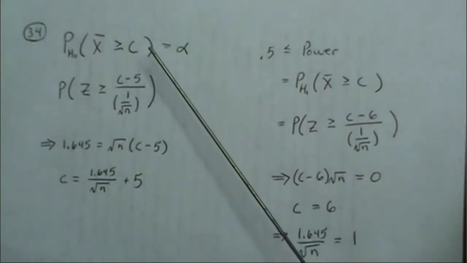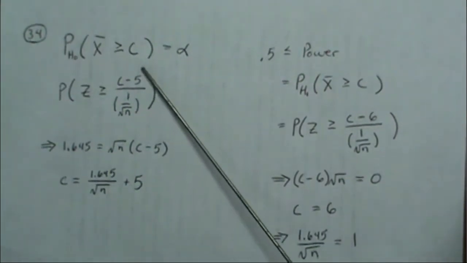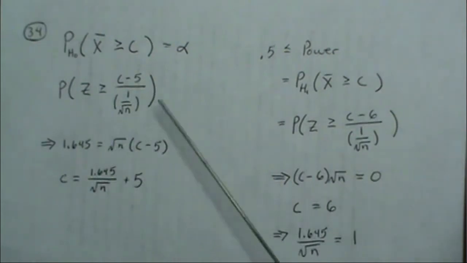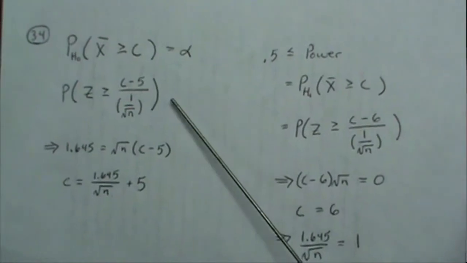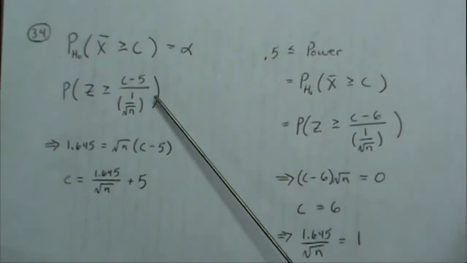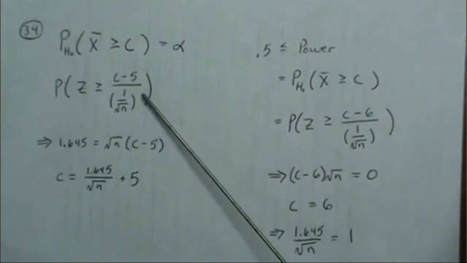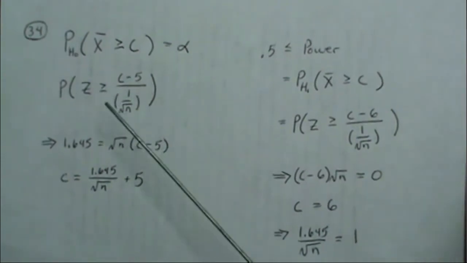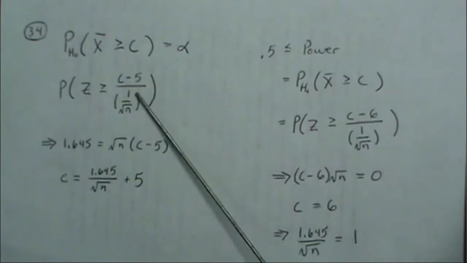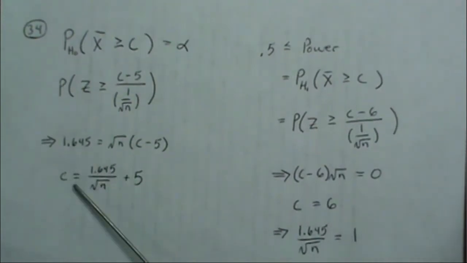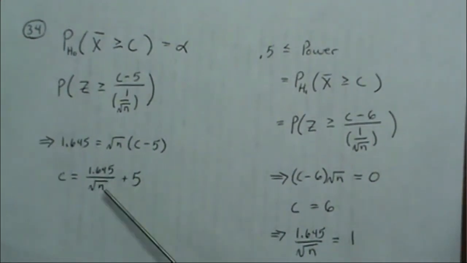So then if we subtract the mean divided by the standard deviation, it's a z. And we want it to be 0.05. So this value needs to be 1.645 in order for this probability to be 0.05. So that implies that this quantity equals here. You solve for c, you get c equal to this.